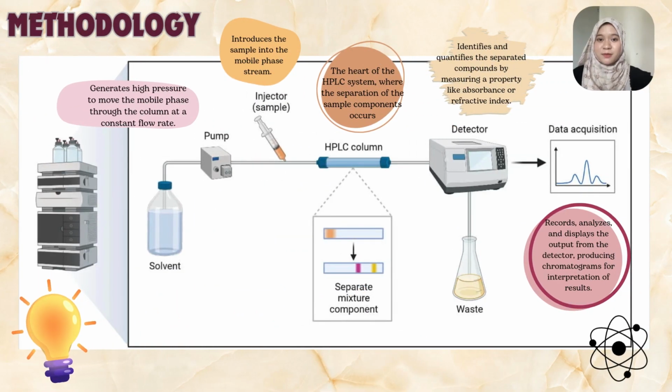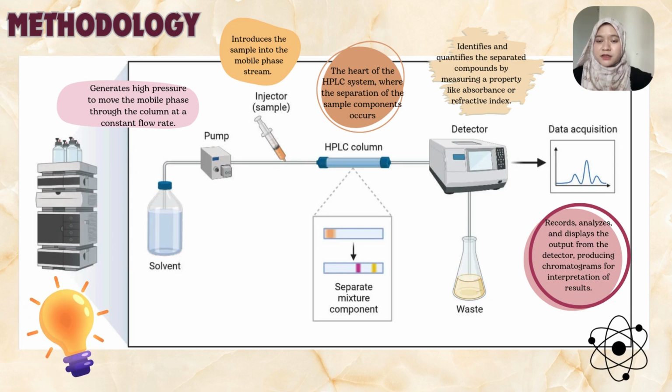Now I will explain the components of the high performance liquid chromatography (HPLC) and their functions. The first part is the pump, which creates the high pressure needed to push the mobile phase through the tightly packed column. The next part is the injector, which introduces a precise amount of the sample into the mobile phase for analysis. Now is the column, which is the part of the HPLC system where the separation of the sample components occurs.